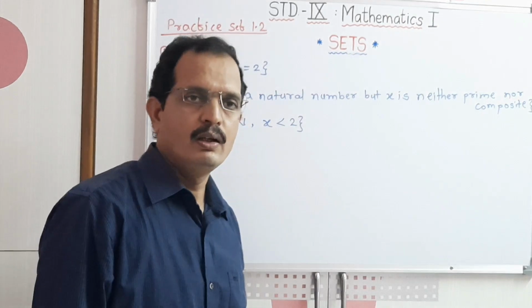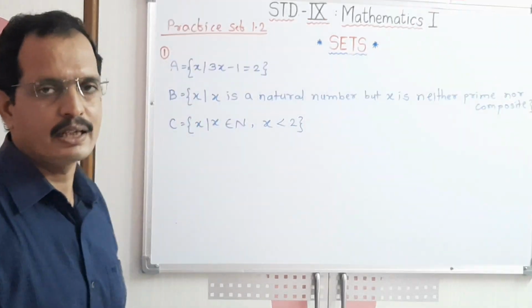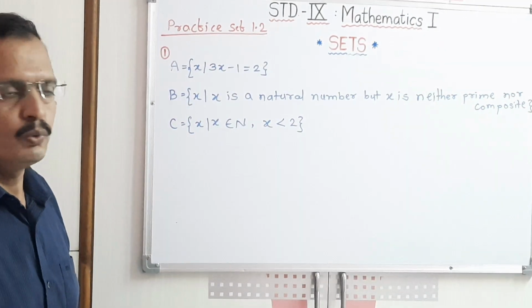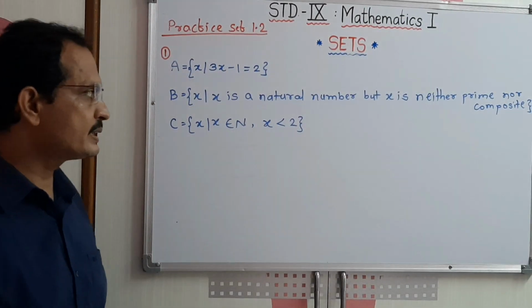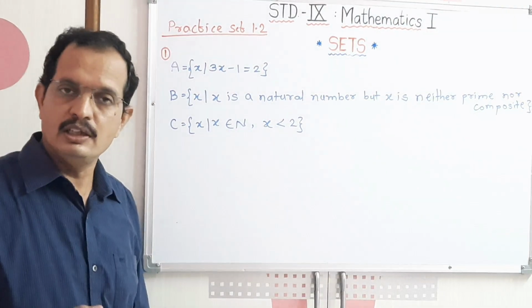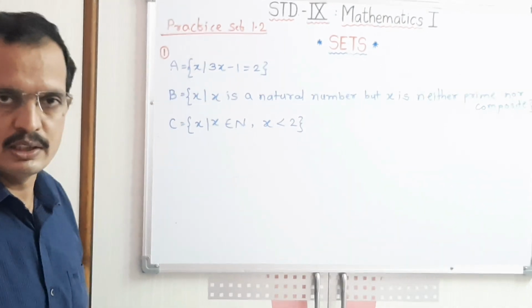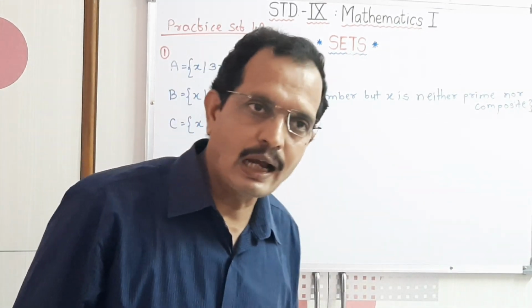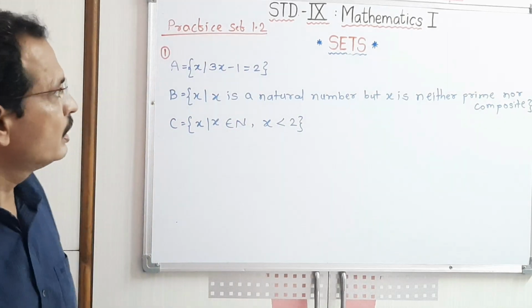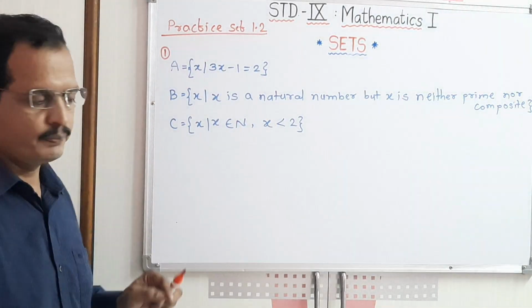Now these three sets are given and we have to decide whether given sets are equal or not. To find out whether sets are equal or not, we must write the sets in listing method. Without writing listing method, we can't find out whether they are equal or not.